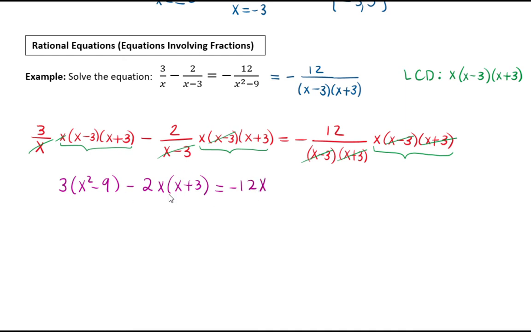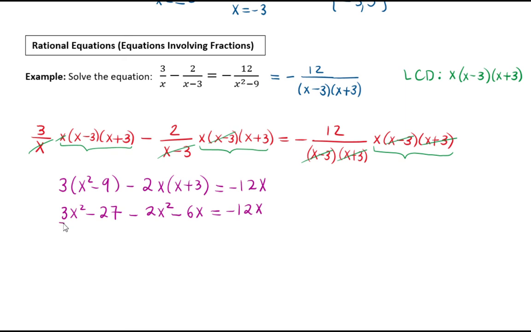Now we need to simplify this more. That's going to be 3x squared minus 27. From here I have x squared but multiplied by 2, so I have minus 2x squared, and also I have 2x multiplied by plus 3. That's going to be negative 6x. On the right side we have negative 12x.